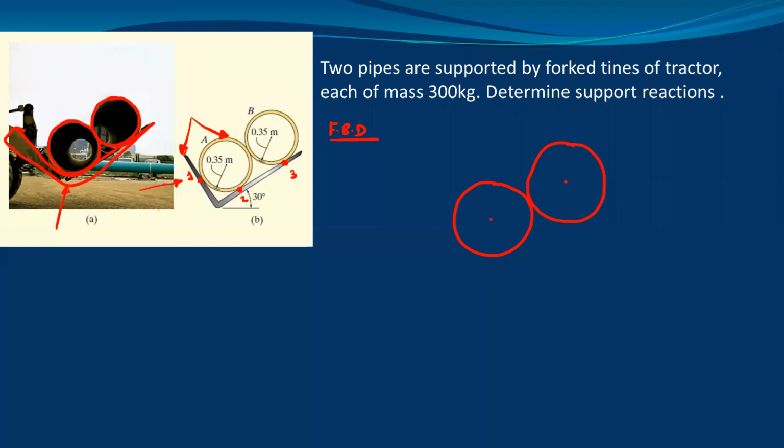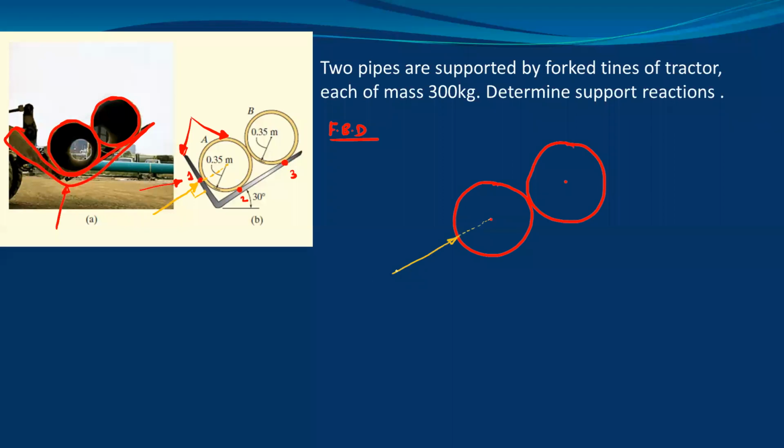This reaction at this point will be perpendicular to this line, and therefore it will pass through the center point. So in the free body diagram, you can show the reaction like this. It will pass through this center point.